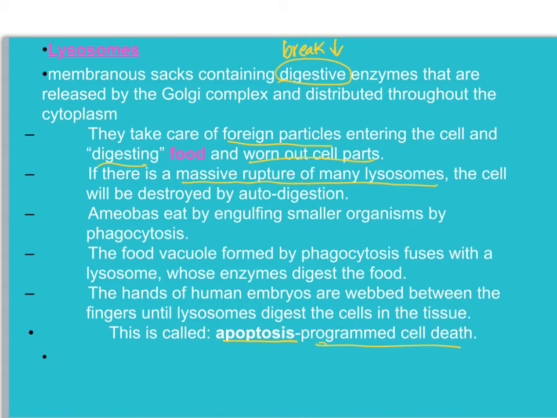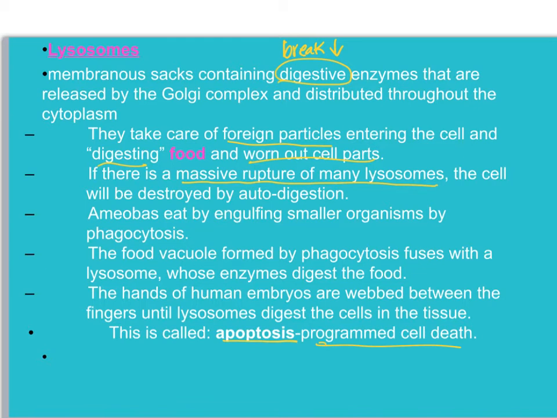Anyway, amoeba is an animal-like protist, and so they eat whole organisms. They're unicellular, so they're microscopic, but they're going to eat whole other smaller unicellular things through phagocytosis. Phagocytosis is like cell eating, and your cells may also eat in this way, possibly.